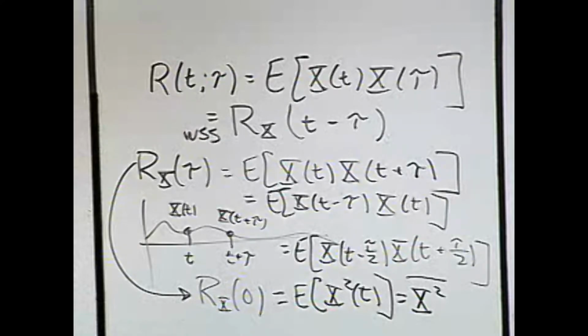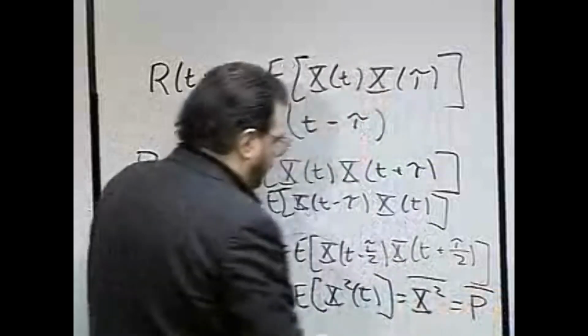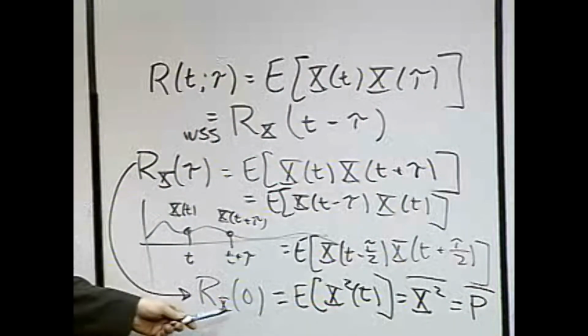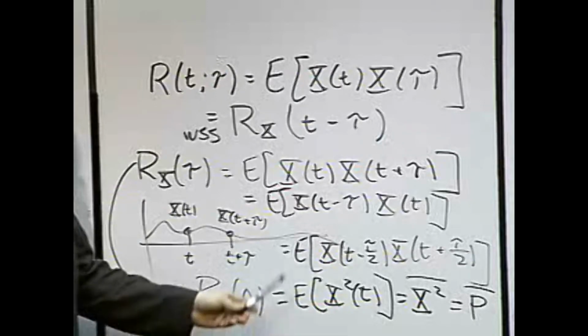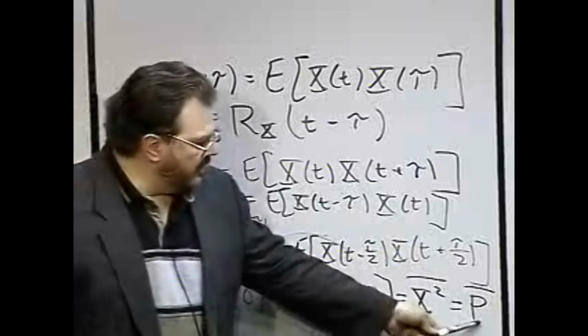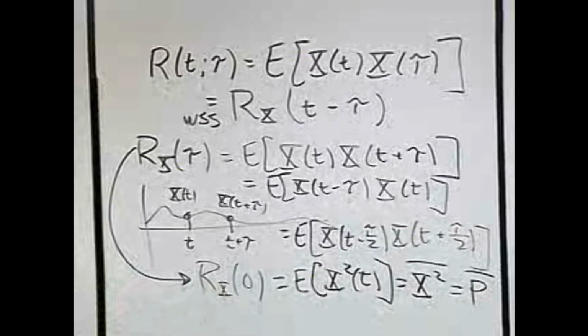It's the second moment, but that's also equal to the power, the average power. So the autocorrelation of a wide sense stationary stochastic process evaluated at the origin gives us the second moment of the stochastic process, which is equal to the expected value of the power, which corresponds to the average power.